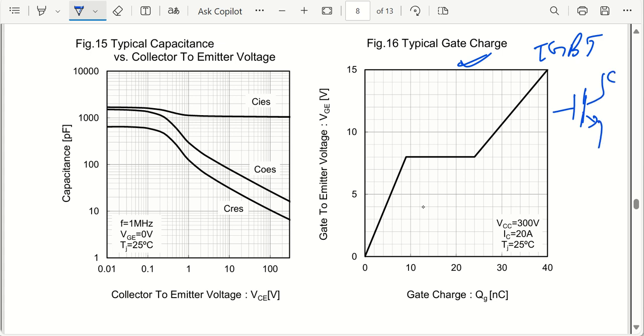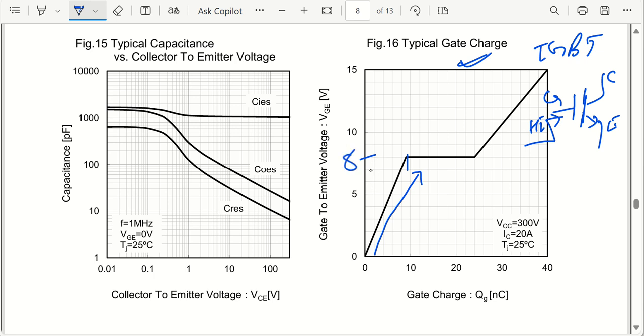So this is going to be collector, emitter, and this is your gate. So there will be a pulse that will be applied here, which is going to be a high. So let us say once my gate to emitter voltage starts increasing slowly, my gate charge, that is QG, starts charging, and it has, let us say, charged up to around 9 nanocoulombs or something like that, and the voltage has reached 6, 7, 8 volts.